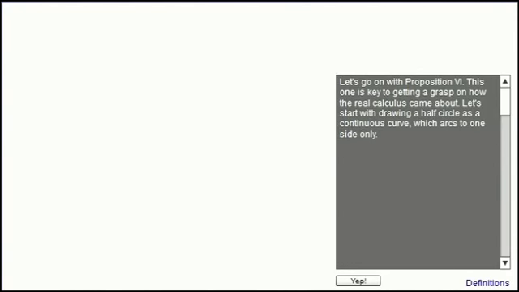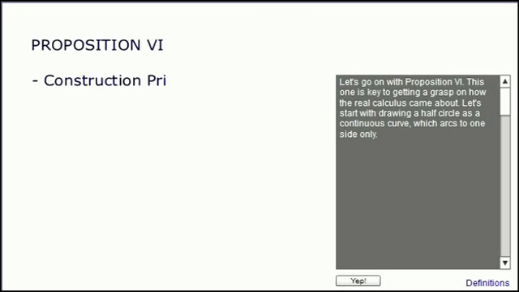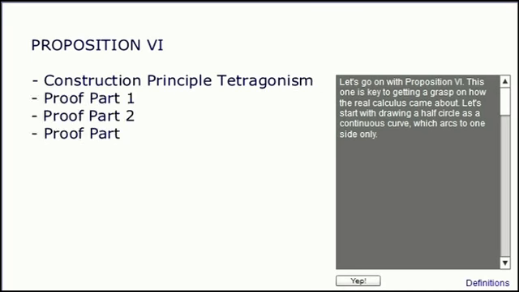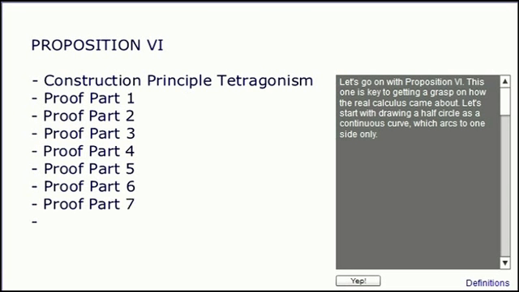Today we are going to spend some time with Proposition VI of Leibniz's Arithmetic Quadrature of the Circle, Parabola and Hyperbola. In Proposition VI, Leibniz is laying the basis for the proof of the indivisible method, and he's dividing Proposition VI into 8 different parts of a proof to do so.